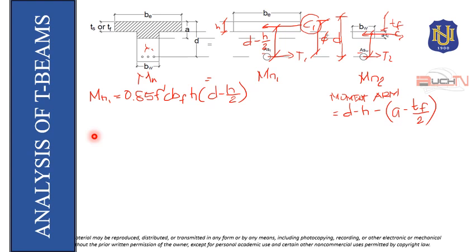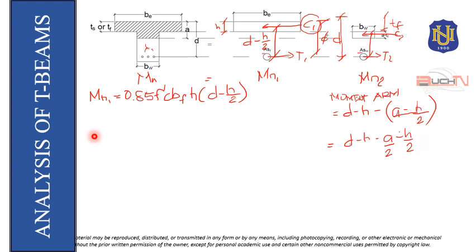So, that will be equivalent to, or this is H na lang. Kasi para hindi malito, this will be H. So, that will be D minus H minus A minus H over 2. Or buo kasi yan. This is over 2. So, this is A over 2.